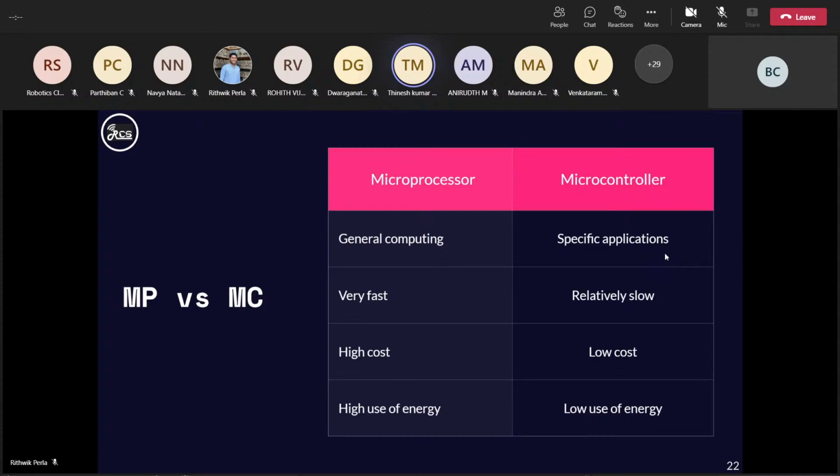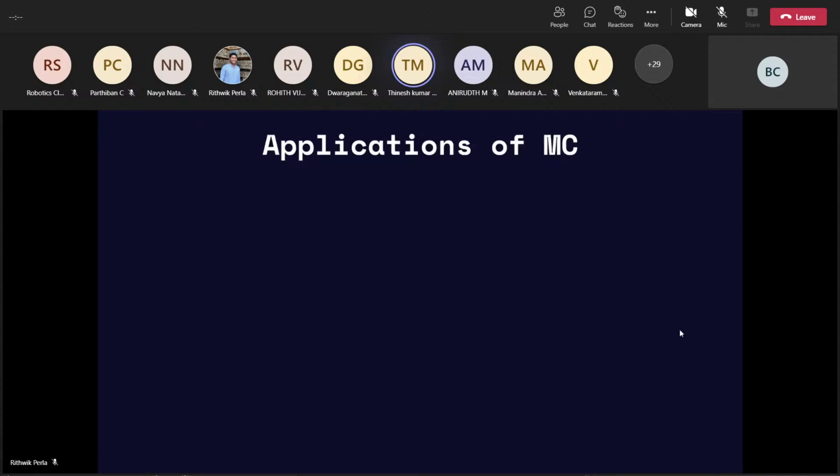Then energy usage: microprocessors usually use a high amount of energy because of the functions they perform, and microcontrollers use little energy. Let's move on to the next slide. I think you have understood the difference.